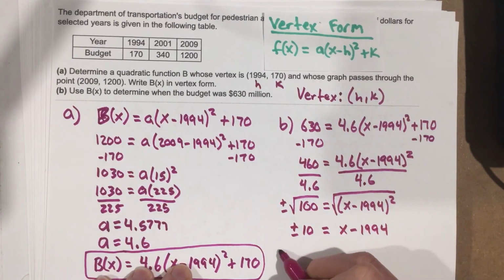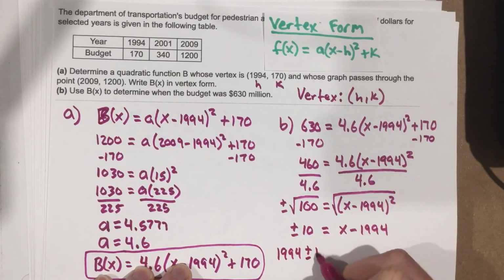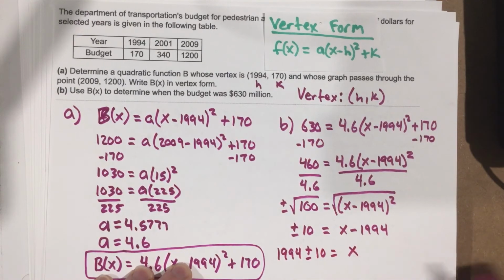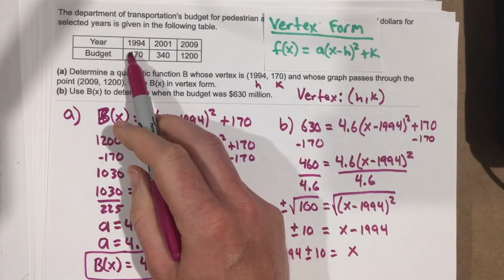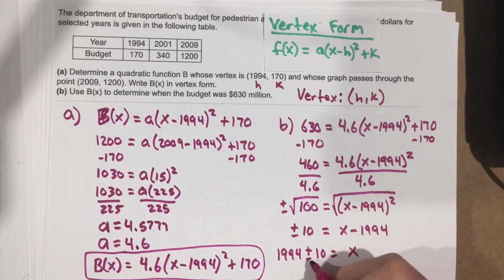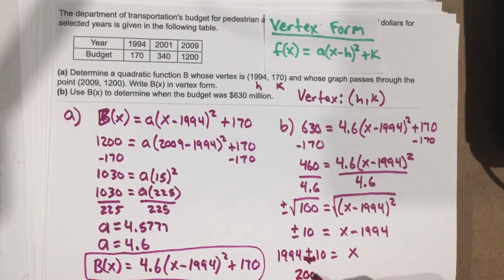So we get 1994 plus and minus 10 equals x. Now, we don't want to subtract 10 because that would be before our first data point, which wouldn't make sense. We can ignore this subtracting part. We're just going to take 1994 plus 10, which gives you 2004 for x.